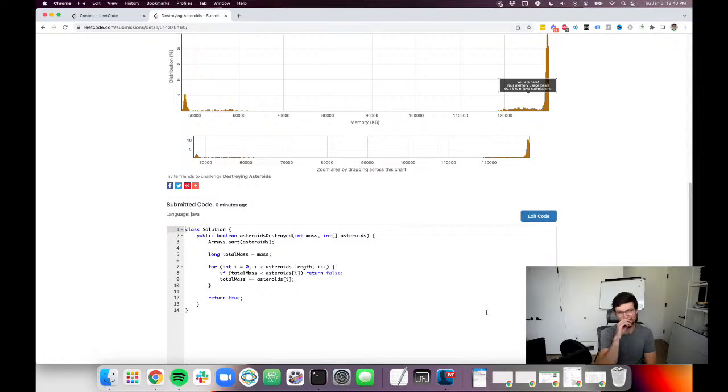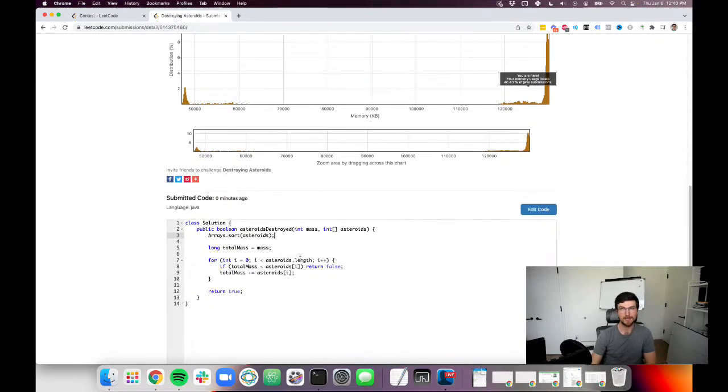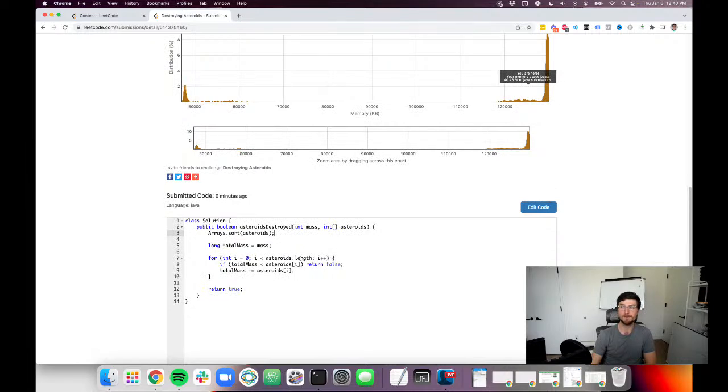I'm trying to think, I wonder if there's a way that we could make this significantly more efficient. Our time is being slowed down by sorting this. So the question is really, could we do this without sorting in a way that would be efficient? Potentially we could use some other data structure. We could also do a partitioning thing.